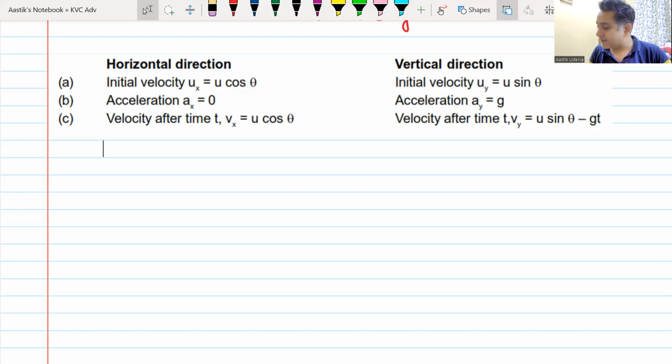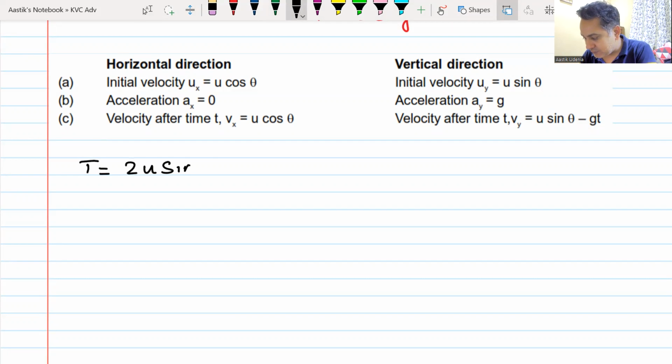From here you can find out the three things that we are supposed to know. The time of flight: the formula for time of flight t is 2u sine theta by g. Do we all know this?